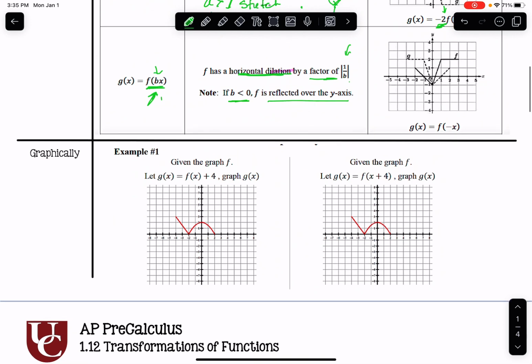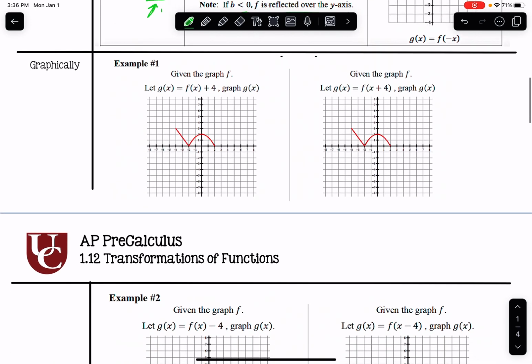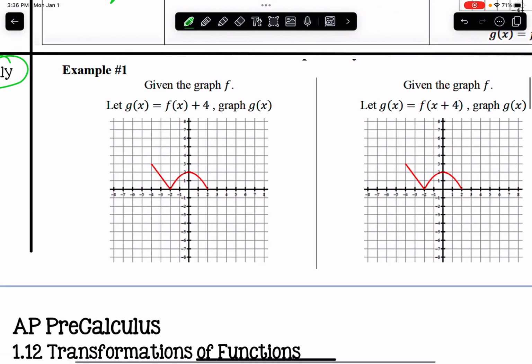We're going to look at some piecewise functions, talking about them graphically and then algebraically. We're just going to walk through these. They're fairly simple. You have a new function, f of x plus 4, and they want you to graph that new function. That's just a vertical translation up 4.